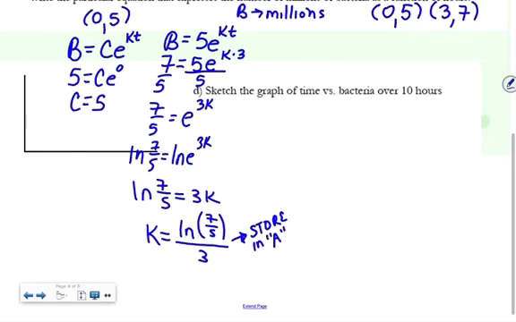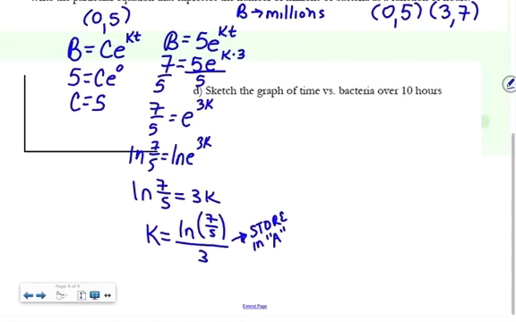Would this k value be positive or negative? Positive. How do you know that? Ln of something can be negative because the graph, the y values live below, so it can definitely be negative. We just talked about how do we know if it's growth or decay. Brandon? We're increasing the population.